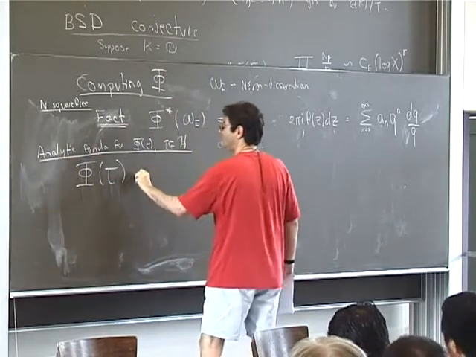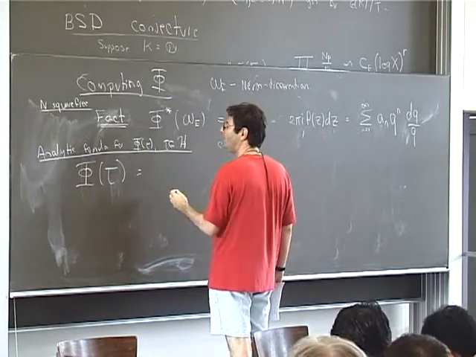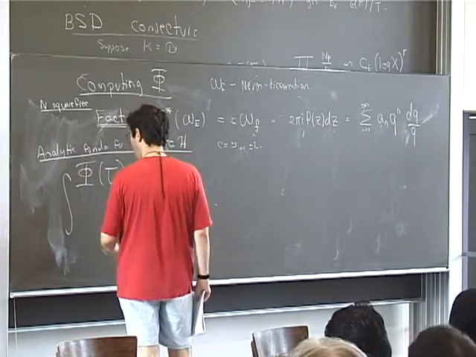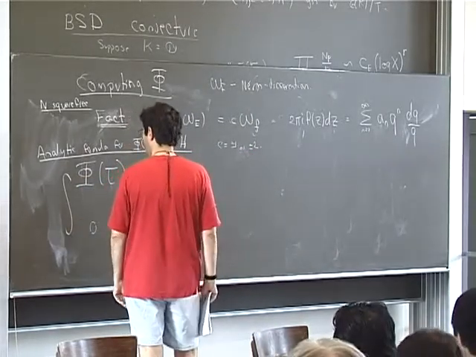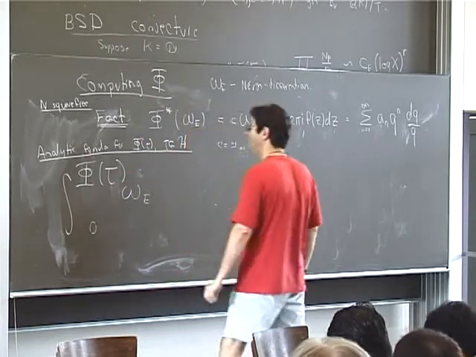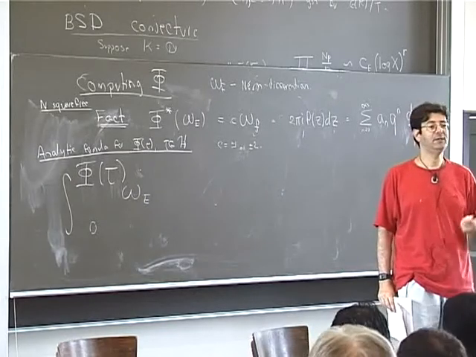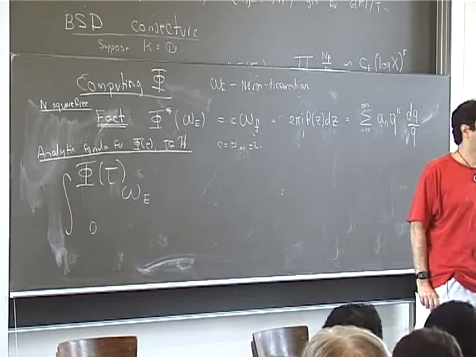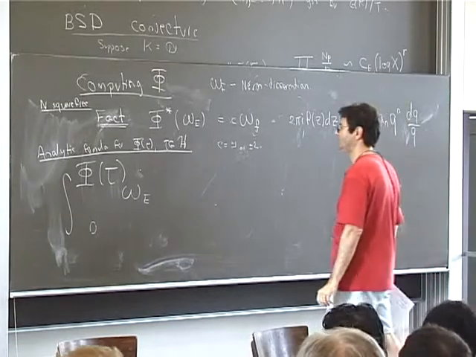And the analytic formula is this. Well, what is phi of tau? I'm going to write the integral from 0 to phi of tau of this Néron differential omega E, which is the complex number in C modulo the Néron lattice, which corresponds to the rational point on the elliptic curve.